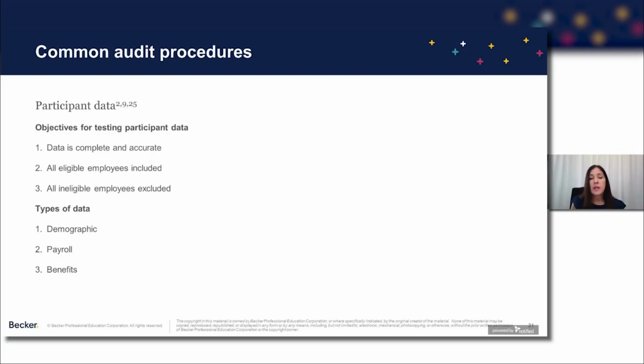And we're going to be testing the individual participant account balances because those individual account balances represent the benefits that are due to that individual participant. So we're going to test the amounts that are allocated and contributed to that participant account. So participant data is critical for every employee benefit plan audit.